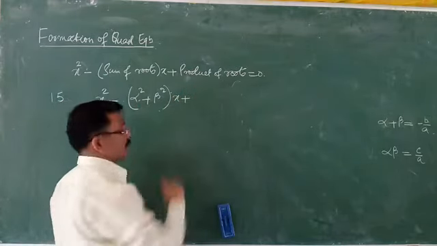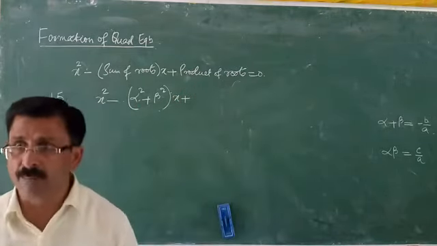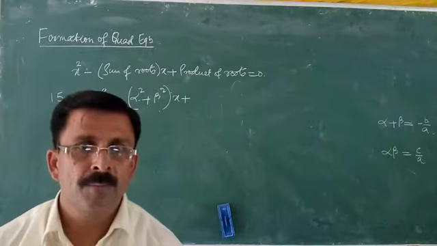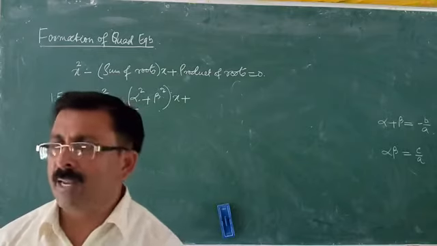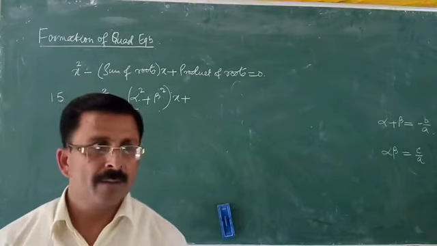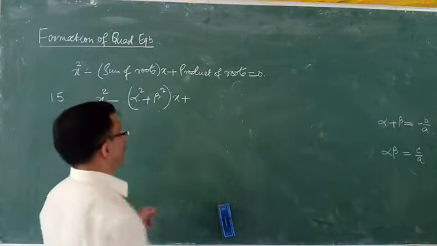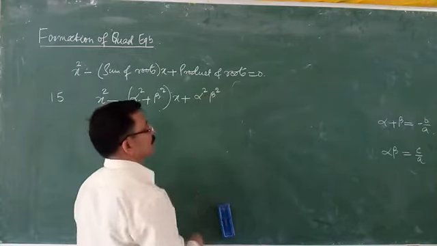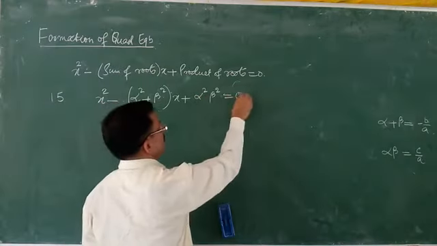Now you have to write the product of the two roots. The roots are alpha square and beta square, so how will you write the product? Very good. Alpha square into beta square. And this is equal to 0.